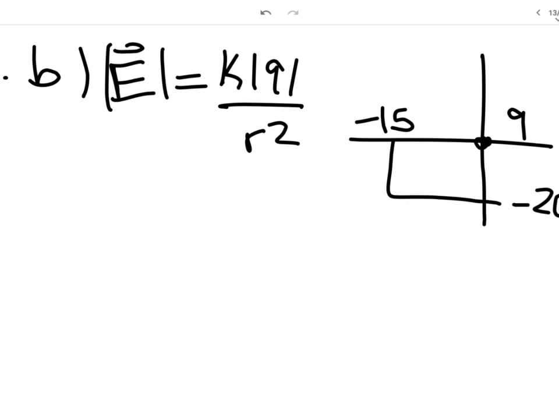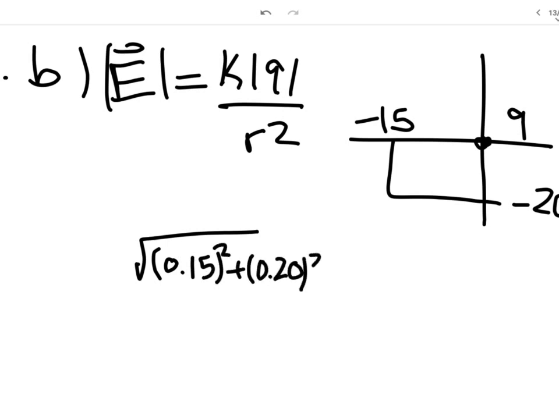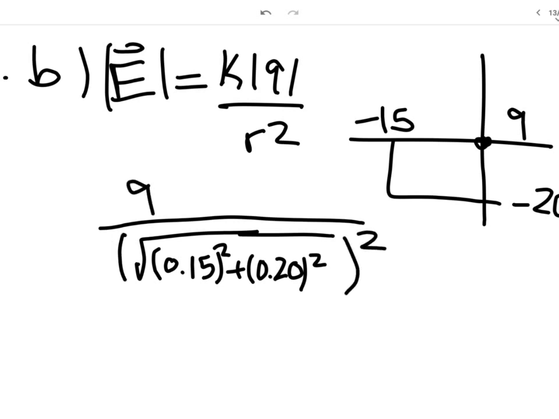R squared is radical 0.15 squared plus 0.20 squared because of the Pythagorean theorem, and you have to convert the centimeters to meters, and then you have all of it squared also. Then you have k, which is 9 times 10 to the 9.